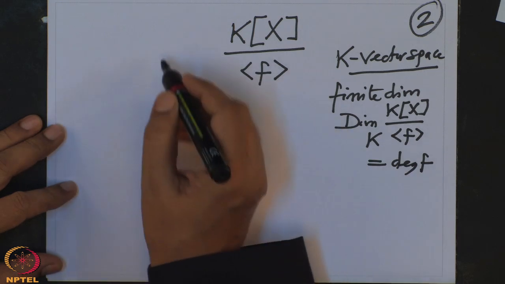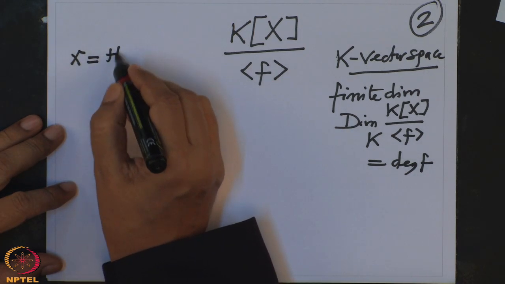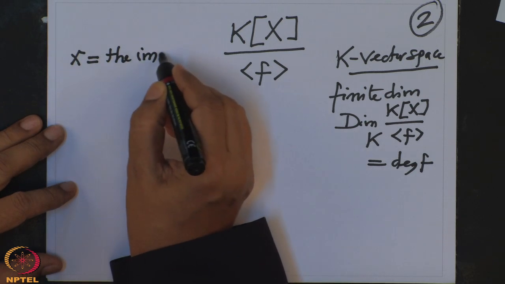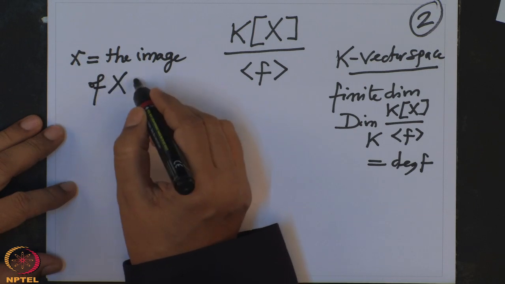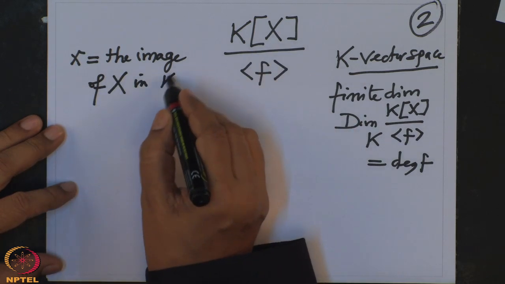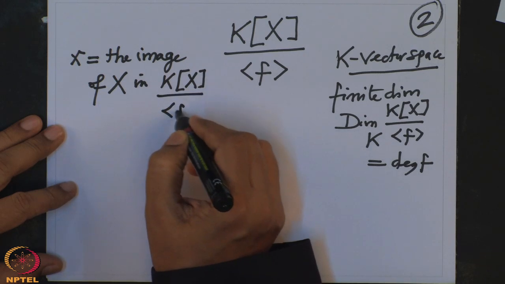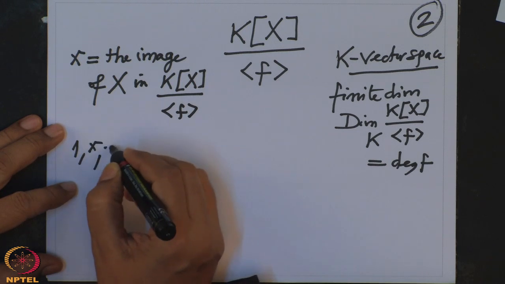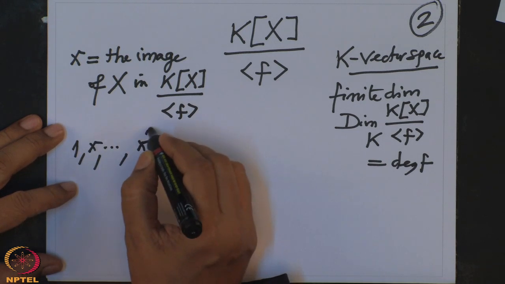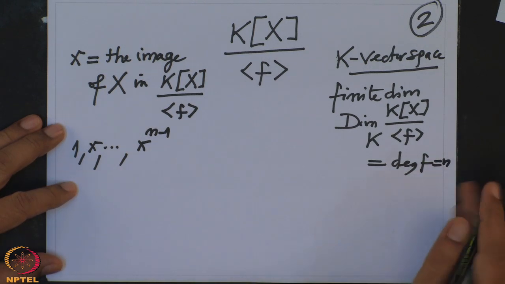Take the small x, let small x be the image of capital X in this residue ring K[X] mod f, and the basis is then 1, x, ..., x to the n minus 1. This is the basis where the degree is n. That is clear.